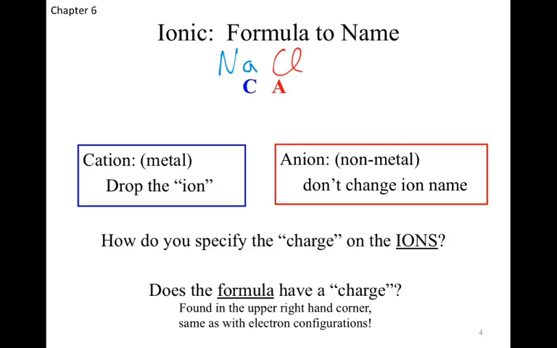Well, when we put these two together, remember it's a metal and a non-metal. So we're looking at a cation and an anion. When we bring them together, we would name our metal. Okay, so our metal in this case is sodium. Because it's in a bond now with that non-metal, our anion, we won't use the ion word.